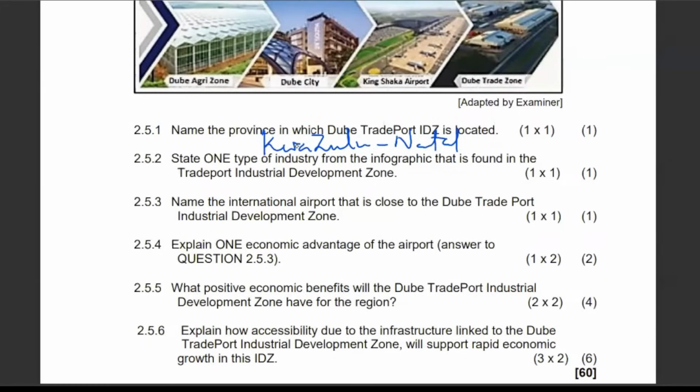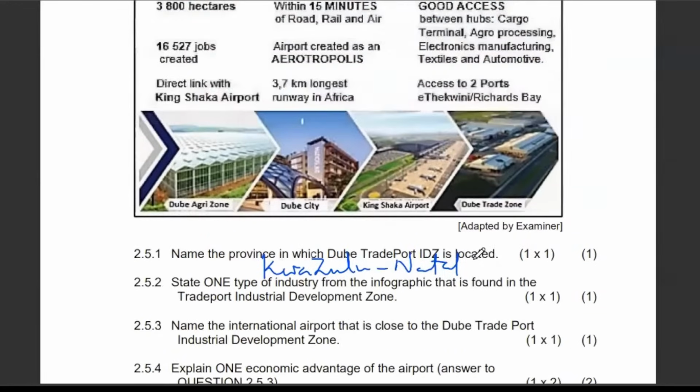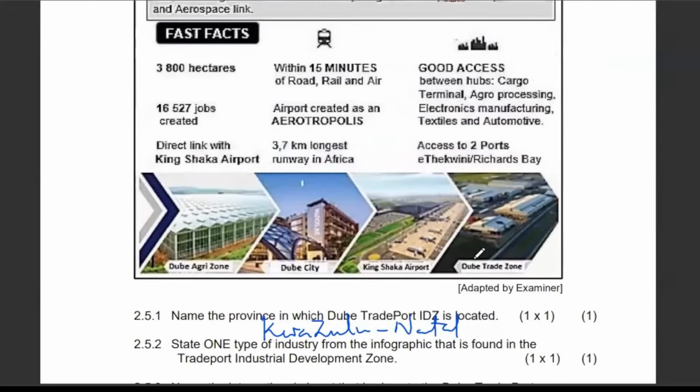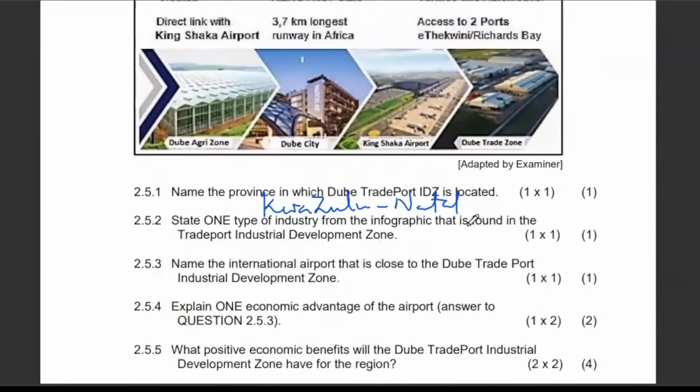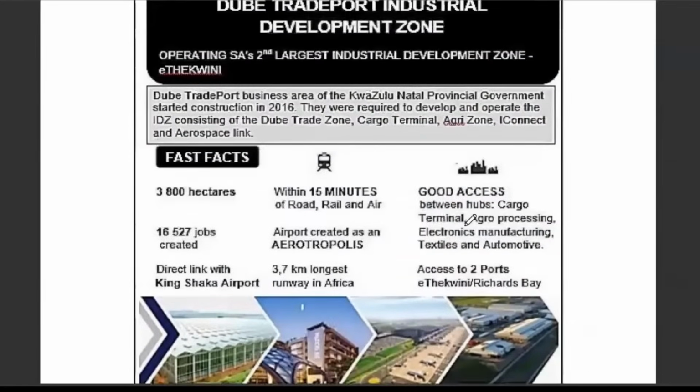Then it says, state one type of industry from the infographic that is found in the Dube Trade Port Industrial Development Zone. The types of industries that are found, you can just trace here and try to find.